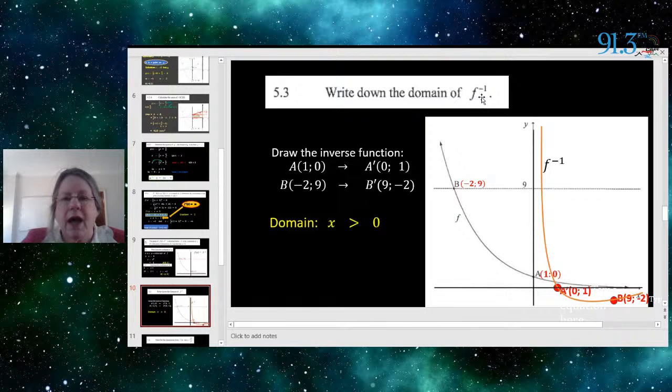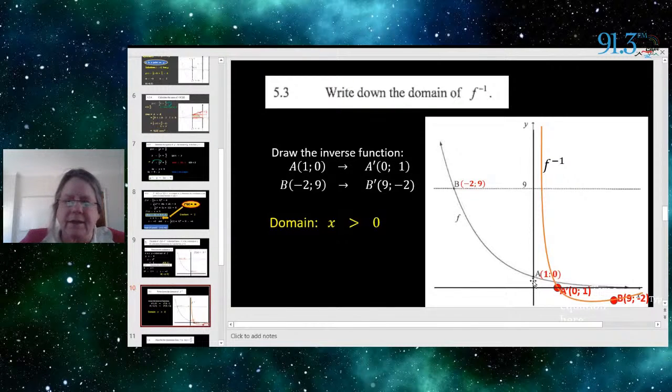Right? So you can either do it the long way around and actually go and get the inverse, but it's pretty difficult to draw a log function. So what I suggest you do is use the properties of an inverse. Now, inverse means that your x and y values swap. So what do we have here?